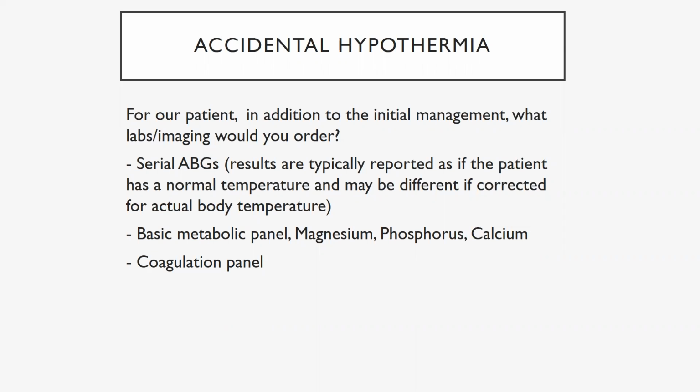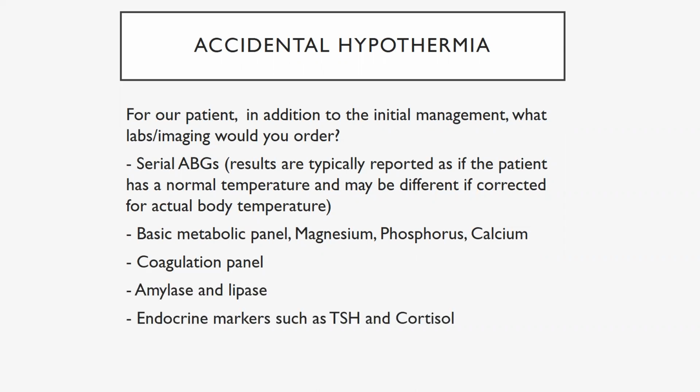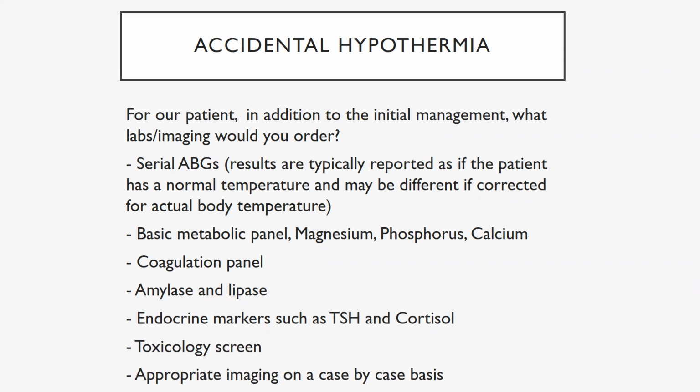So make sure you check a coagulation panel, amylase, lipase, and then endocrine markers such as TSH, cortisol, toxicology screen. And then obviously if you're suspecting some kind of trauma, or depending on the patient's presentation, you might want to get appropriate imaging.